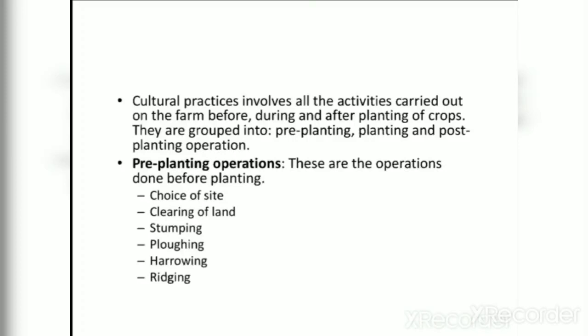So pre-planting operations can include choice of the site and then clearing of the land, stumping, ploughing, and जो भी harrowing and ridging. So these are some of the practices that are normally done before the planting of the crop.